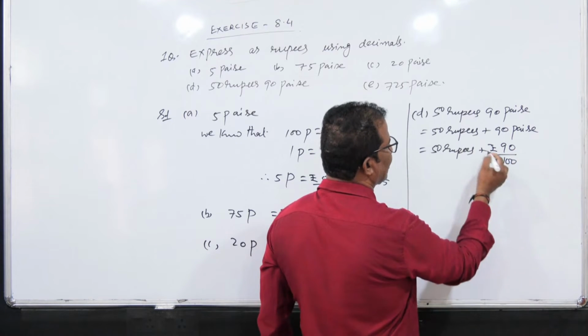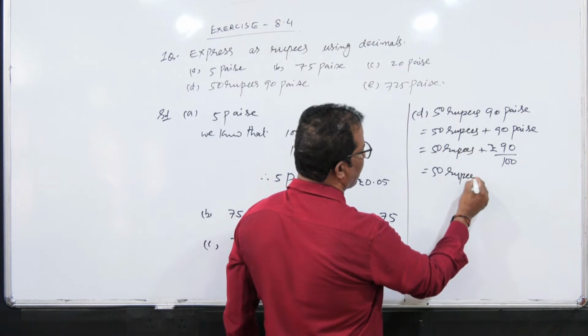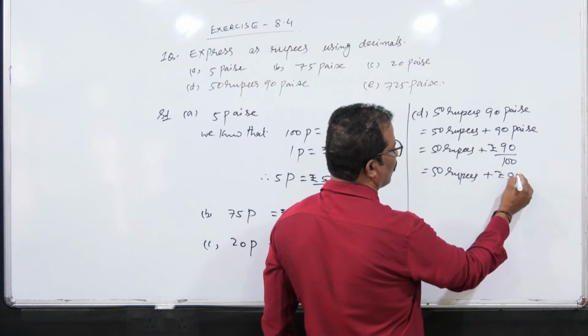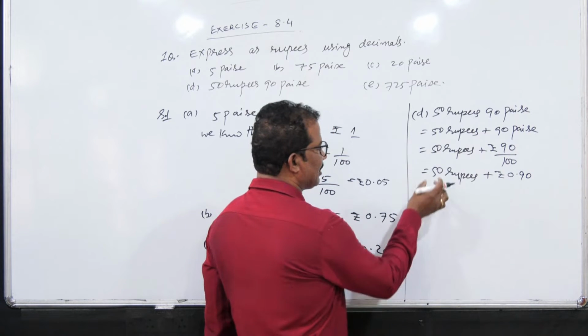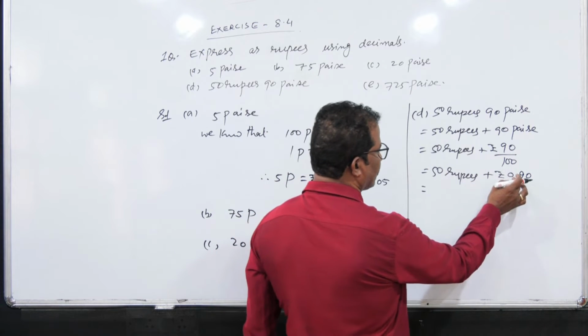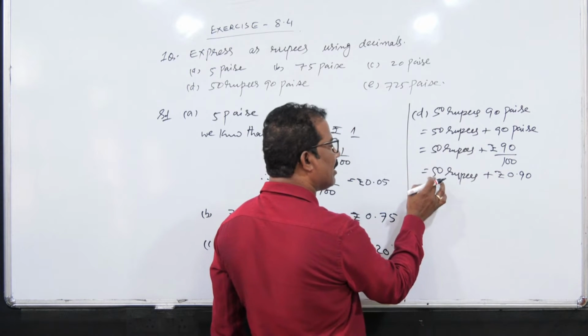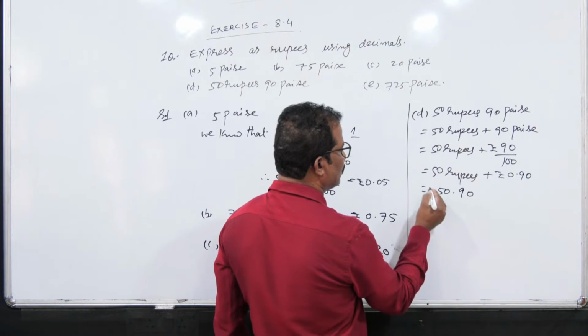That means we can write like this: 90 by 100 rupees. Again, it is 50 rupees plus, if we divide 90 by 100, we will get how much? 0.90 rupees only. Adding this 50 and 0.90, this is the whole number and this whole part is 0. If you add 50 to this 0, we will get 50.90 rupees.